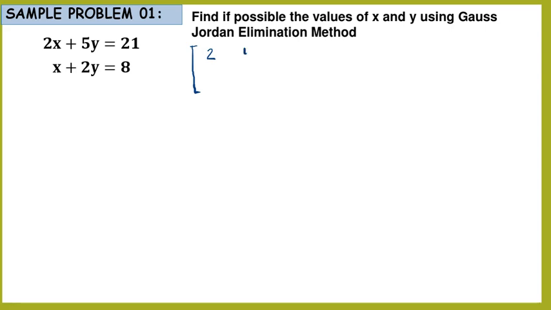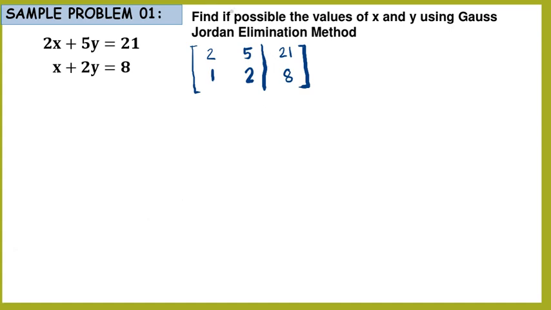And then we have 5. And to separate our left side coefficients from the right side, we're gonna need to draw a vertical line. So let's draw a vertical line to separate the left coefficient doon sa ating constant, and that is 21. So next, our x here is 1, we have 2, and we have 8. So eto na yung magiging augmented matrix natin.